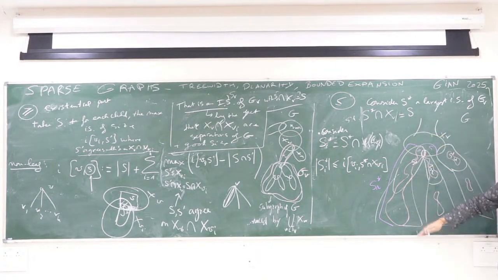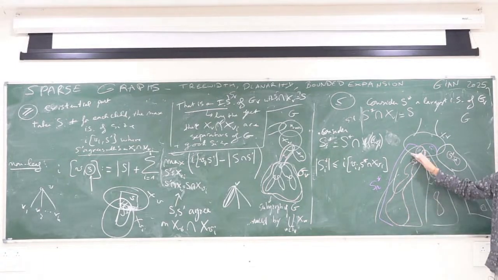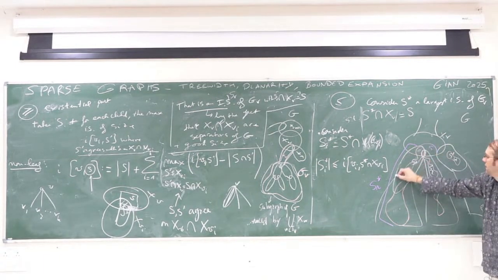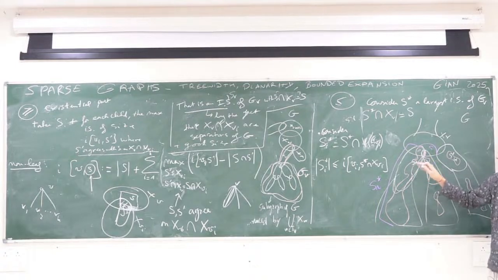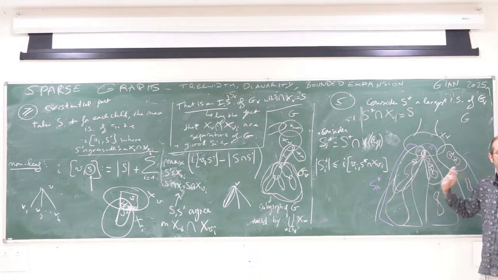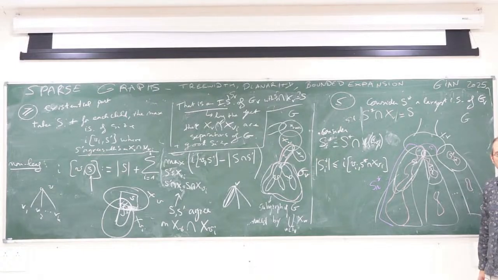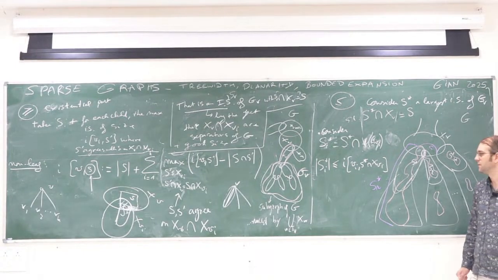This is G_V1, where V1 is the first child of V, and this is G_V2. So X_Vi is in the tree decomposition, the bag of Vi, with V as root, whatever is down there, everything. Yes.